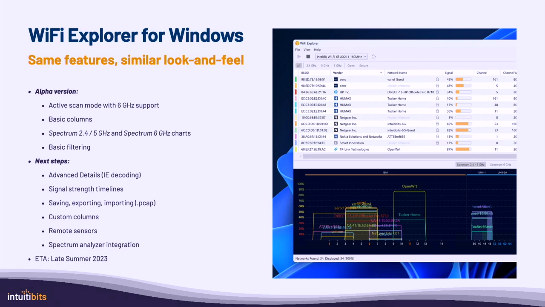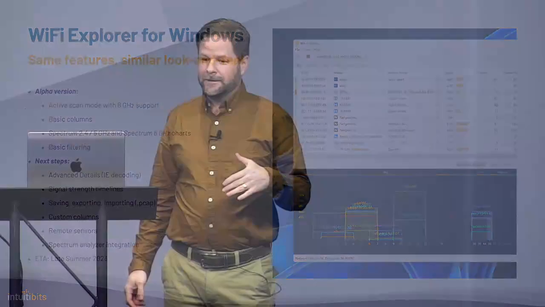Adding some advanced details, like parsing the information elements and showing that information, the signals and timelines, saving, exporting, importing pickups, the ability to add custom columns, which is a nice feature in Wi-Fi Explorer Pro, the ability to use remote sensors, and the integration with the spectrum analyzers that are supported right now in the Pro version on Mac.